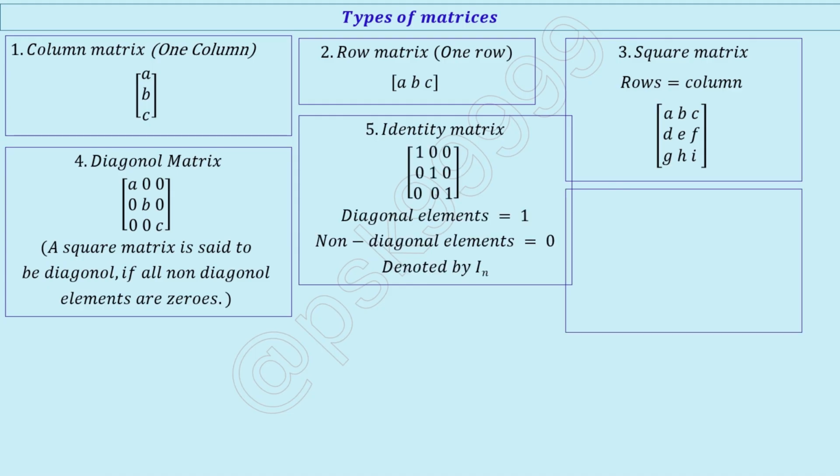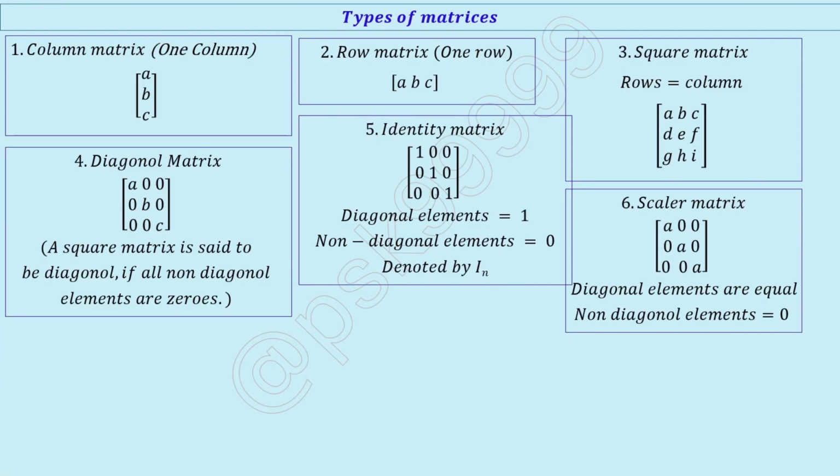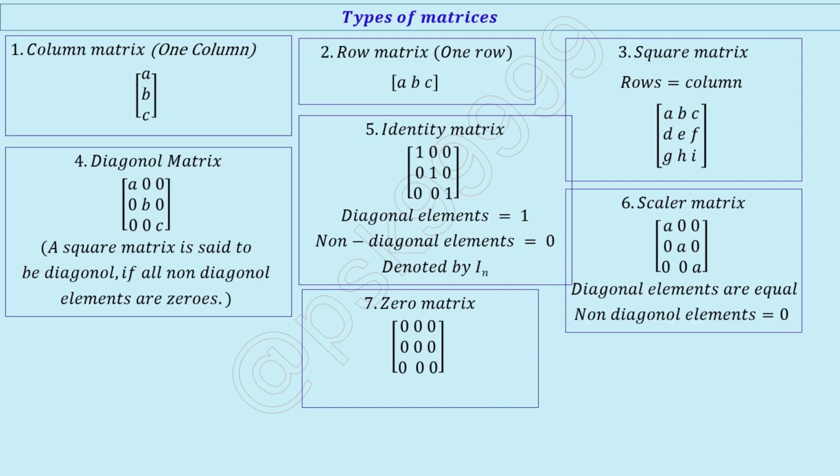A scalar matrix is an identity matrix multiplied with some scalar value, something like a 0 0, 0 a 0, and 0 0 a. These are the several types of matrices. You can also have a zero matrix where all elements are zeros, something like this.